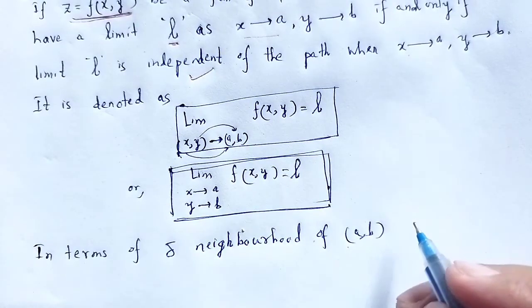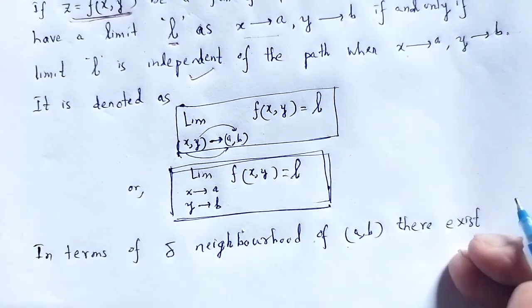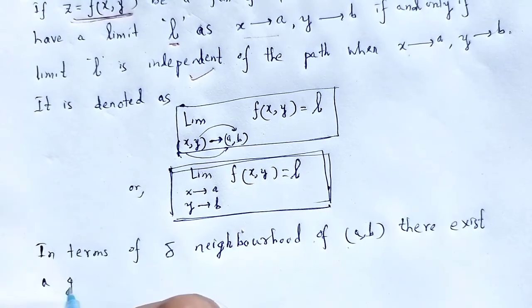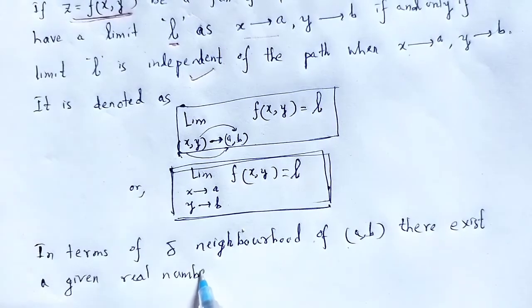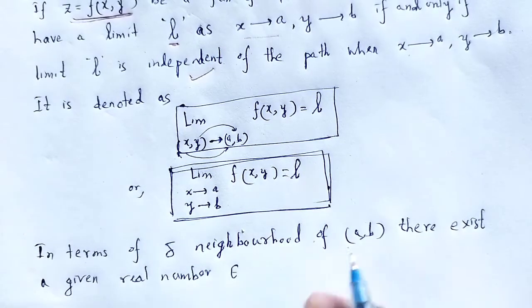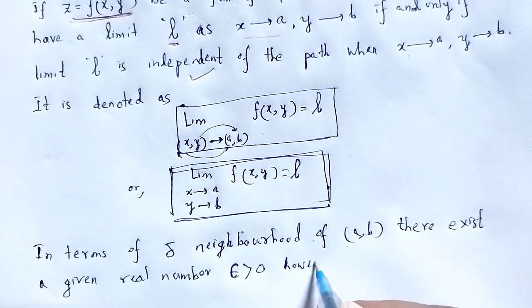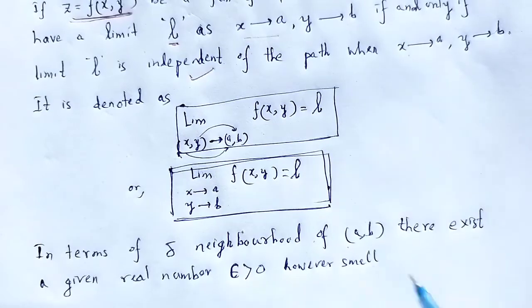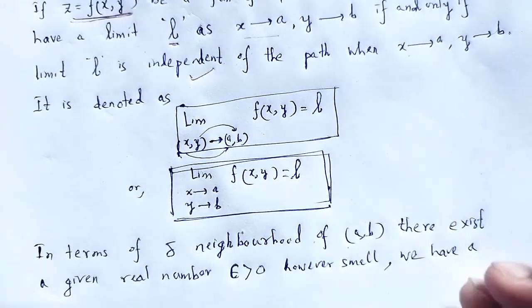There exists a given real number epsilon greater than 0, however small. Epsilon is positive, that is greater than 0, however small. We have a real number.